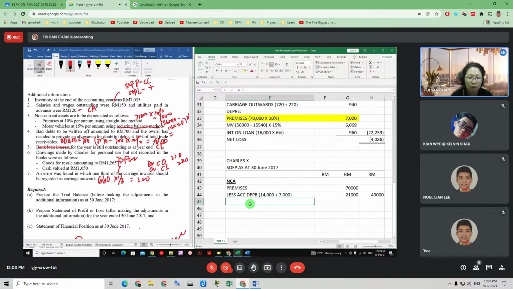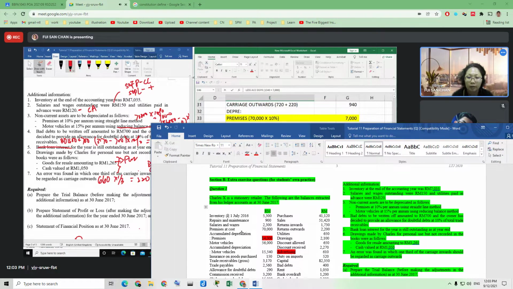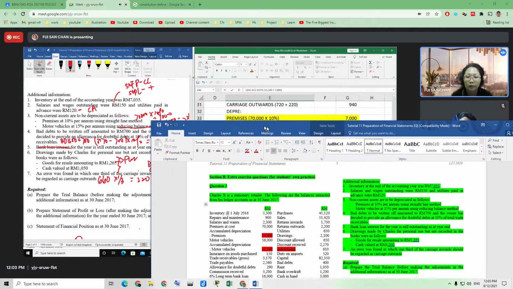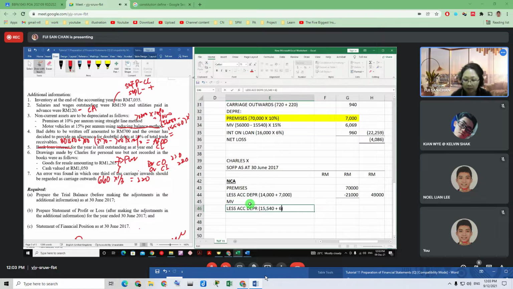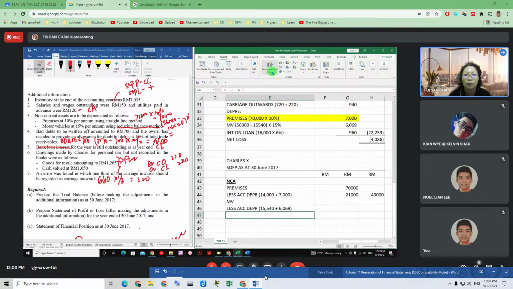Then we continue with motor vehicle, but this one is a different number. This one is 15540, plus 6069. So, Kevin, are you following? Can you follow or not?